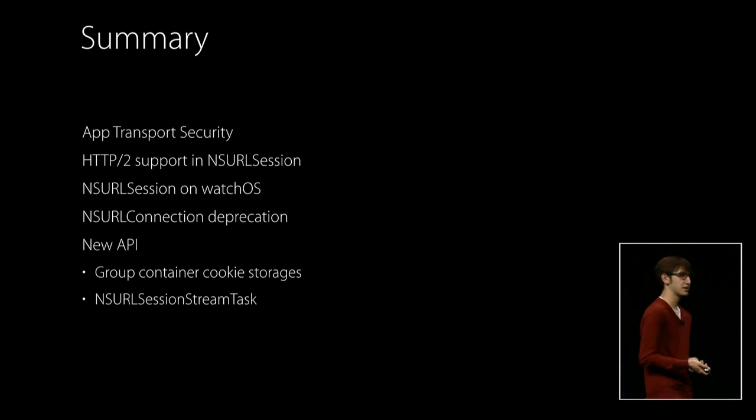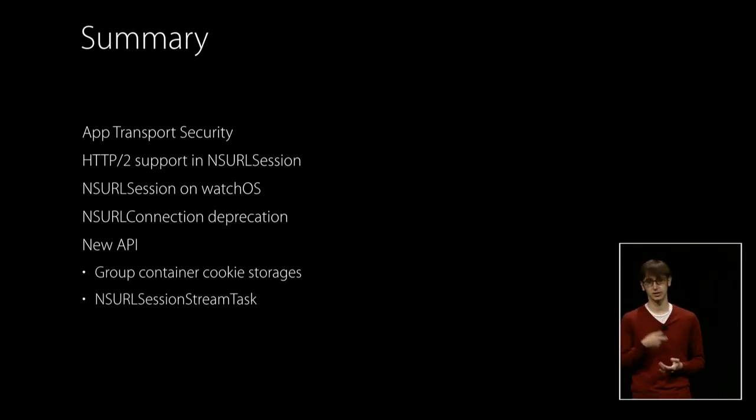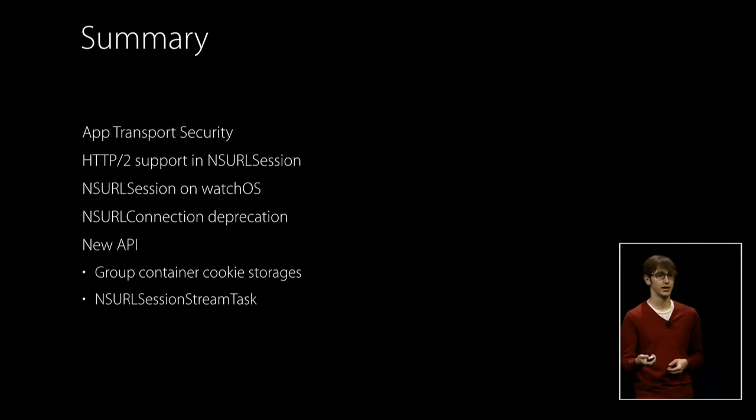We talked about best practices for using NSURLSession on watch apps, and went over the new API changes this release, the deprecation of NSURLConnection, and how to migrate to session, how to share cookies between apps and extensions, and how to get a great foundation level abstraction if you need to communicate using a TCP connection without HTTP to your servers.